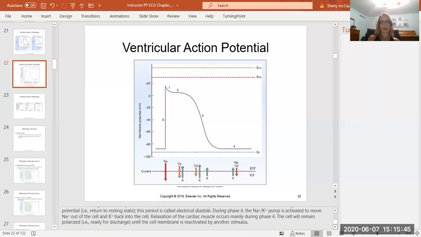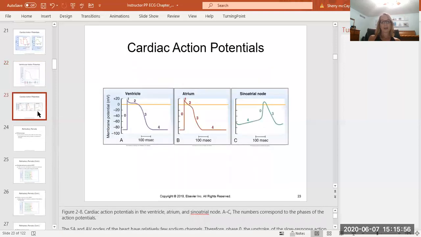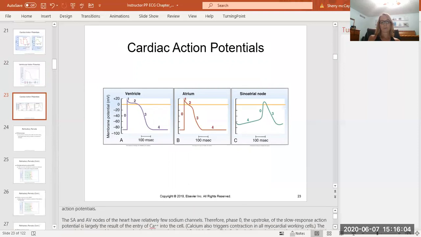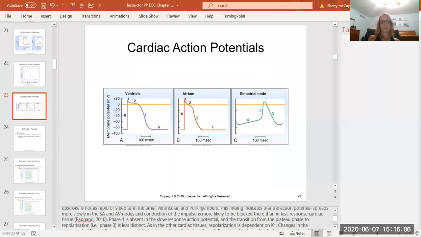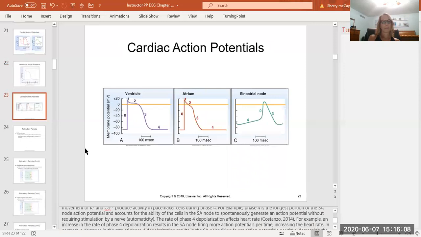The cell will remain polarized until the cell membrane is reactivated by another stimulus. Okay, cardiac action potential. So you can see here the phases. Make sure you look over this stuff in your chapters.